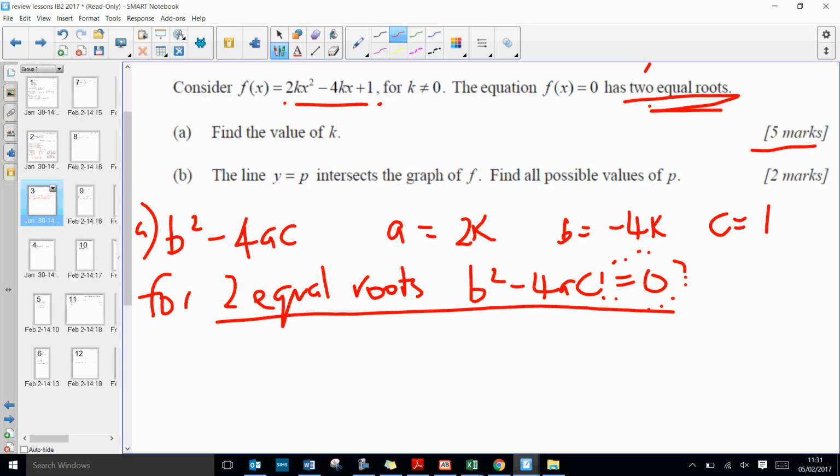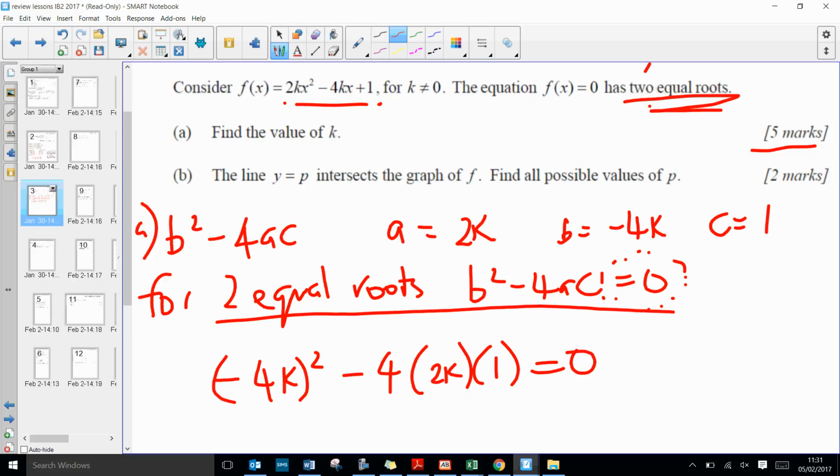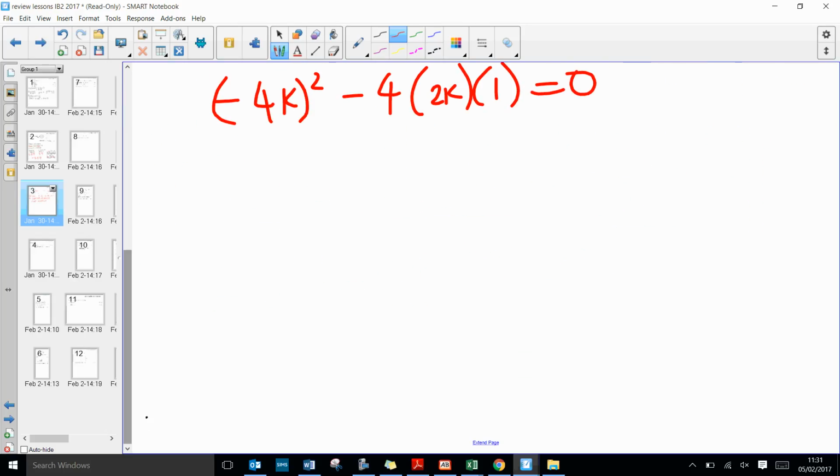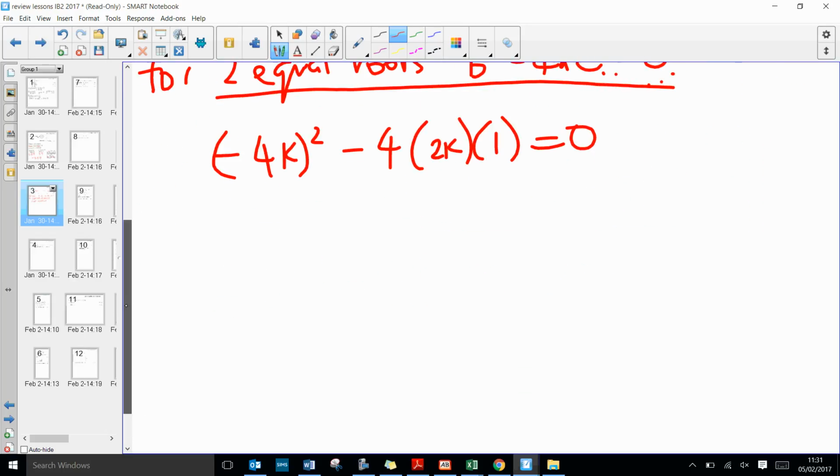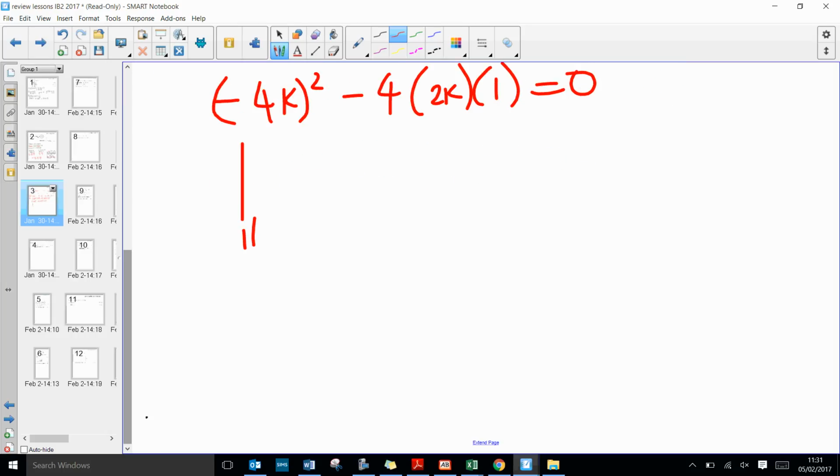So b squared, so it's negative 4k squared minus 4 times a times c equals 0. As I said, don't forget the brackets, because we're squaring the whole term, not just k. So this becomes 16k squared minus 8k equals 0.